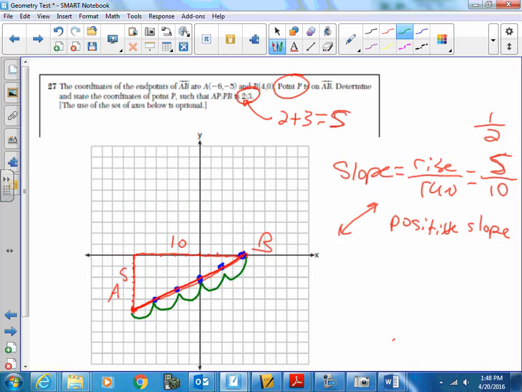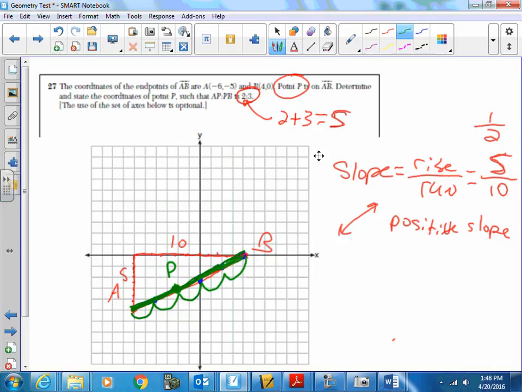Now, looking at this, where could I put P so that the ratio of AP to PB would be 2 to 3? Well, if I put it right here, then AB would be this line, AP, and then my PB would be over here. A to P is 2 parts, and P to B is 3 parts.